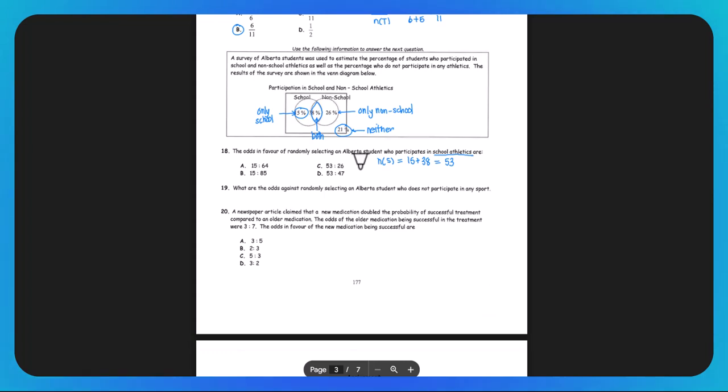Now, what is the total? Well, the total again here is 100. So we can do it two ways. We can say the N of not taking either of these athletic pursuits, school or non-school, we could say it's 100 minus 53, or we can say it's 26 plus 21, and that's going to give us 47.